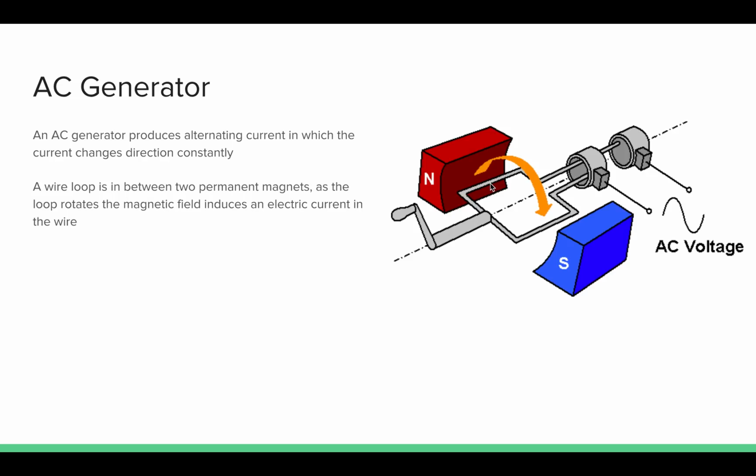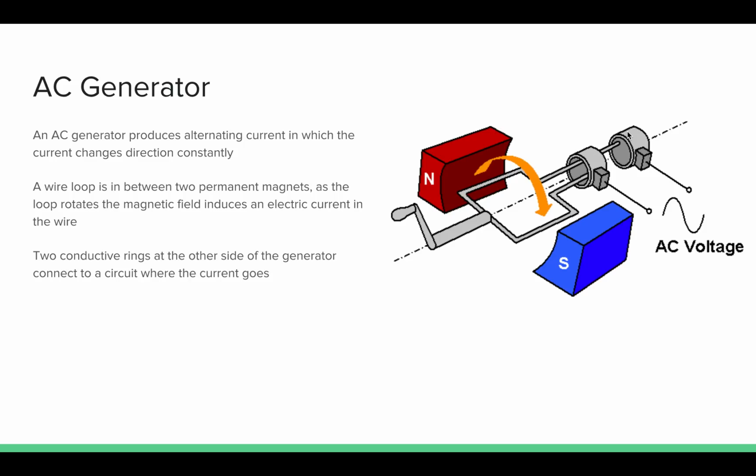So we have the wire loop rotating here, and because you have the motion of a coil or loop of wire in a magnetic field, that induces a current. Now, as this loop rotates, it is inside of these two slip rings, which are just metallic conductive rings that the wire loop touches.